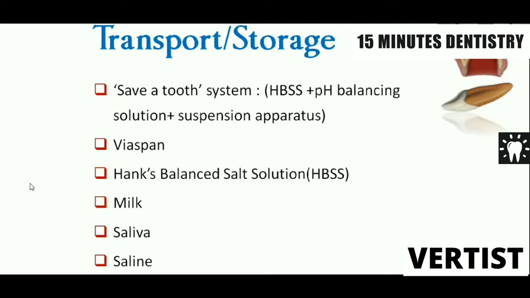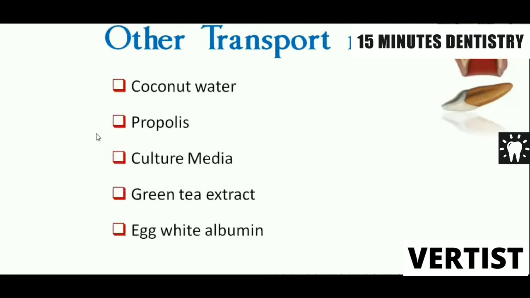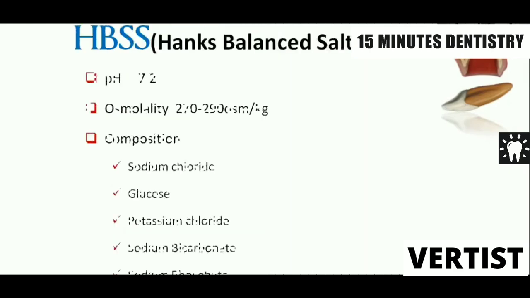There are other storage media also, like culture media and more. But the most commonly available to a common layman is milk, in which they can easily carry an avulsed tooth. So we'll discuss what HBSS is and why it is a good storage medium.